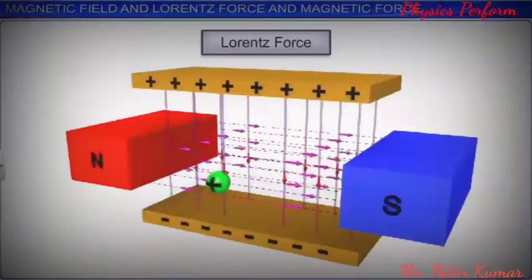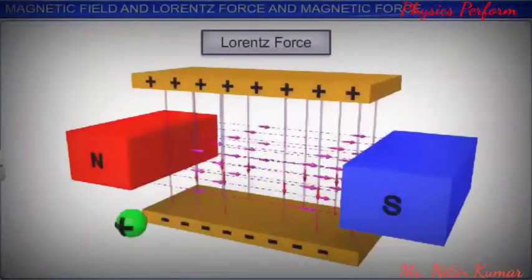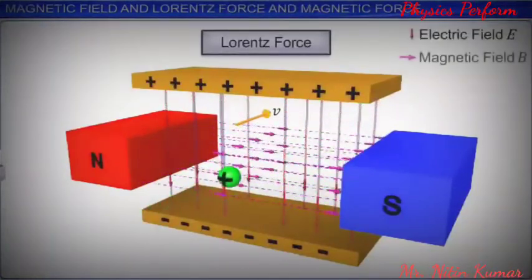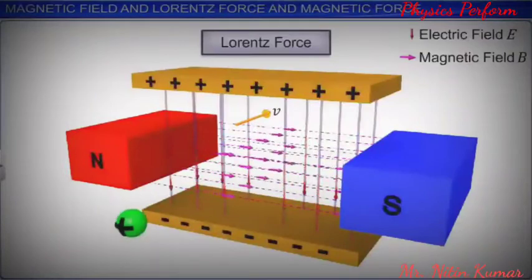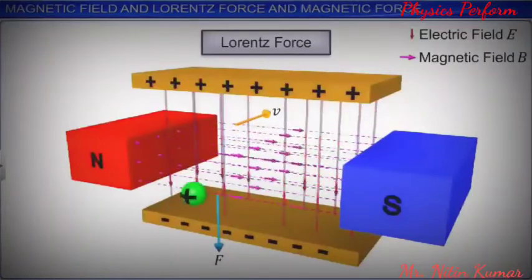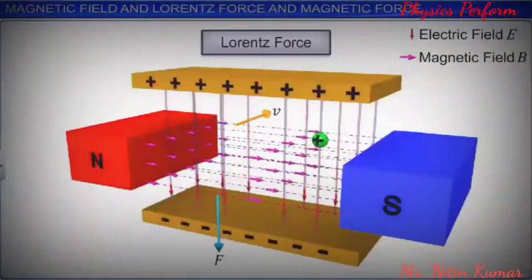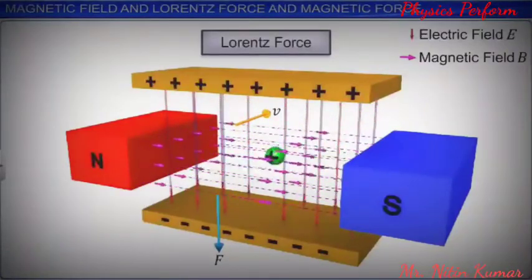Now, consider a charge of Q coulomb moving with the velocity V in the presence of both the electric field E and the magnetic field B. The net force on charge Q is F, called Lorentz force, acting on the charge and is equal to the vector sum of the forces due to the electric field and magnetic fields.